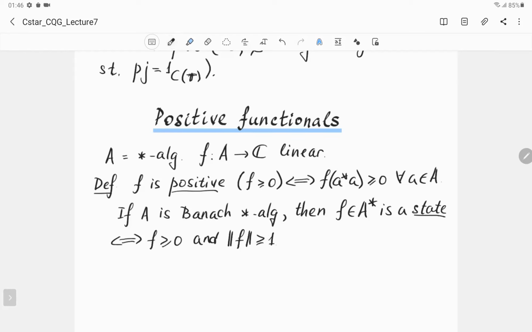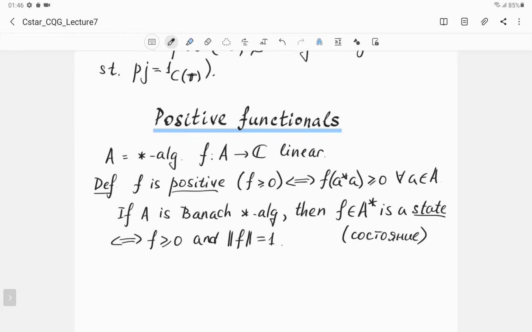The norm of F is exactly 1. In Russian, state is состояние. The terminology here comes from physics. Well, maybe I'll tell you more about this a bit later.